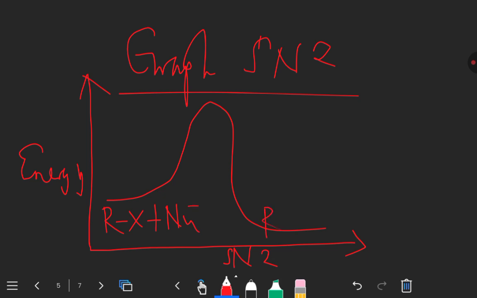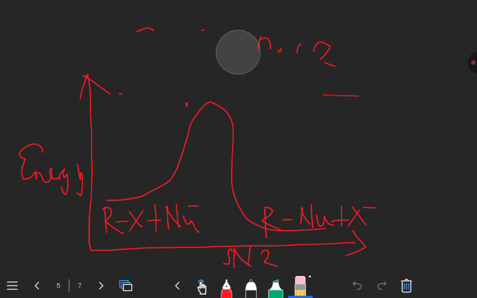Then this is the product we are forming, plus a nucleophile plus that group which left. Then here for SN2 we'll have what is known as a transition state.